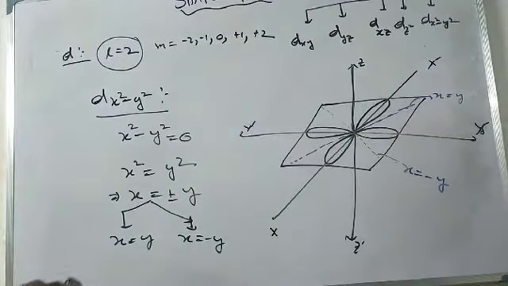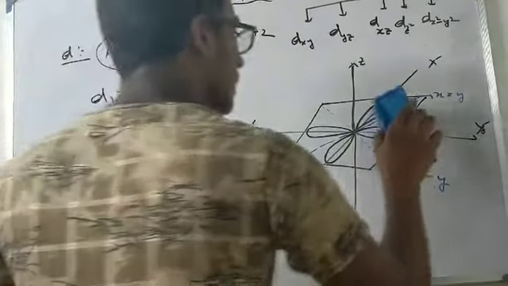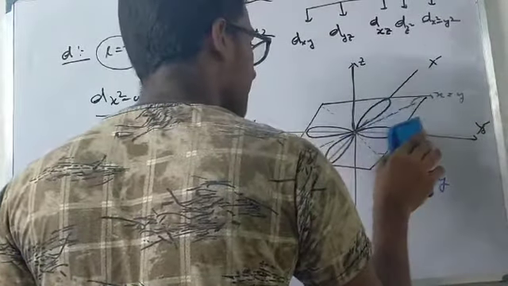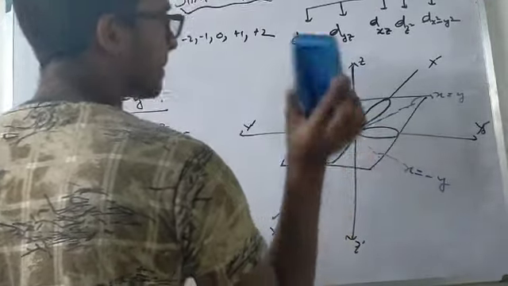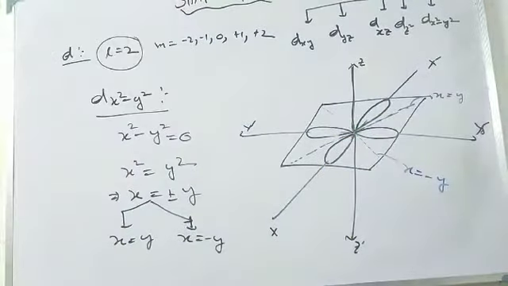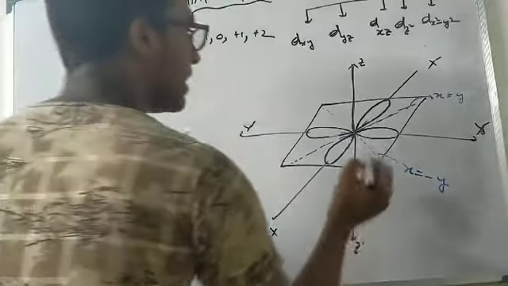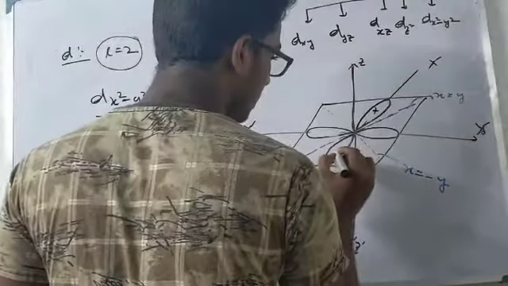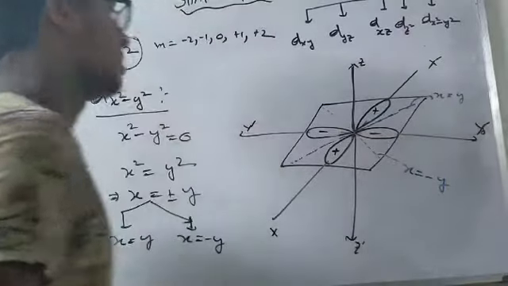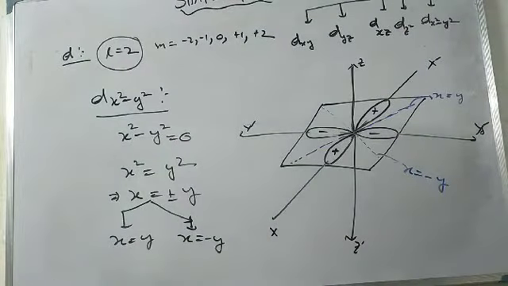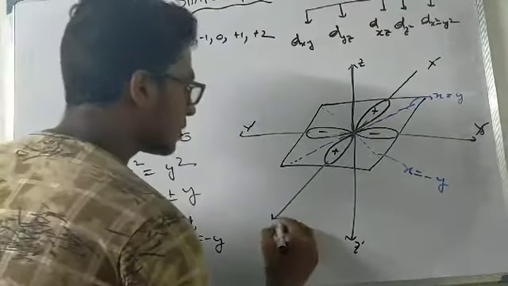So this is the orbital. If this is plus, this should be plus, and if this is minus, this should be minus. So this is the dx square minus y square.